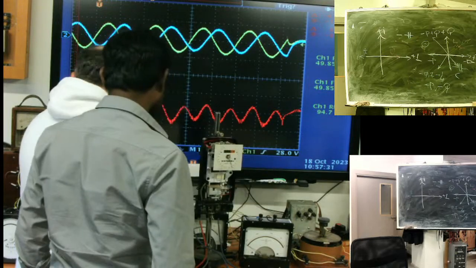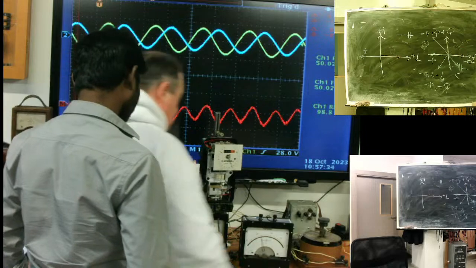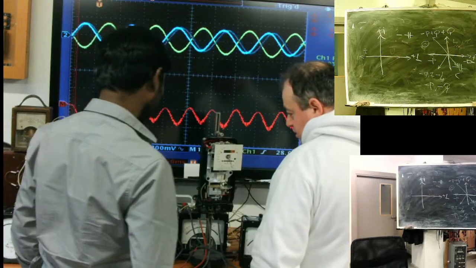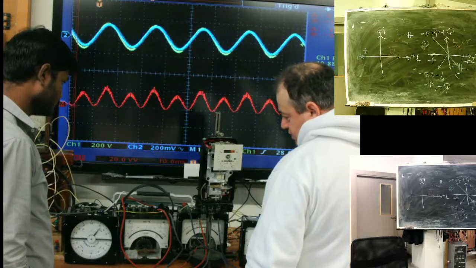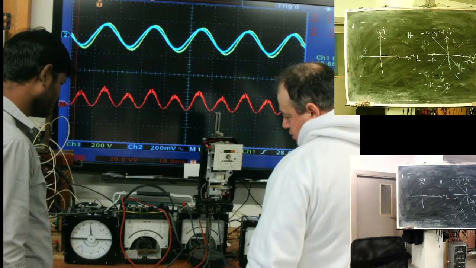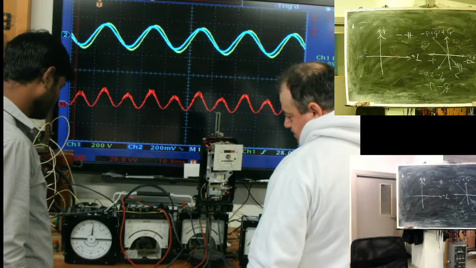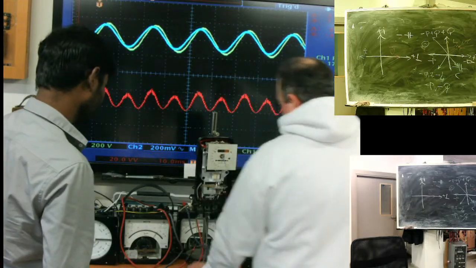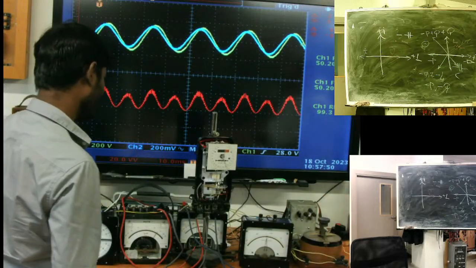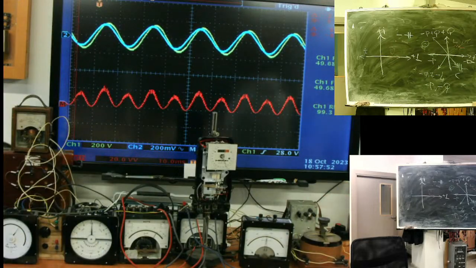Let's see what happens. Power factor. Come on. Power factor. Yeah, power factor 1. Meter goes forward.